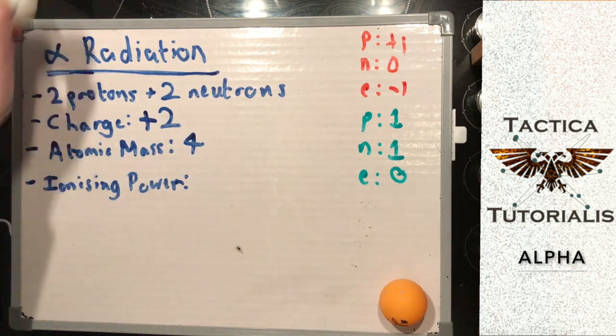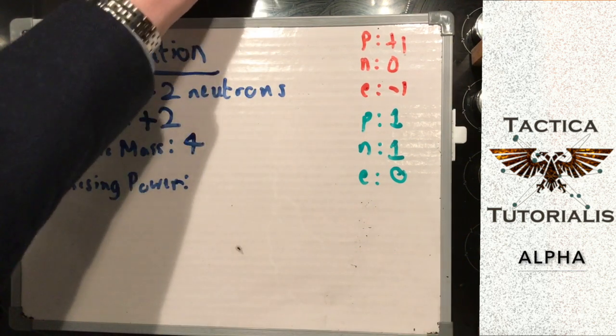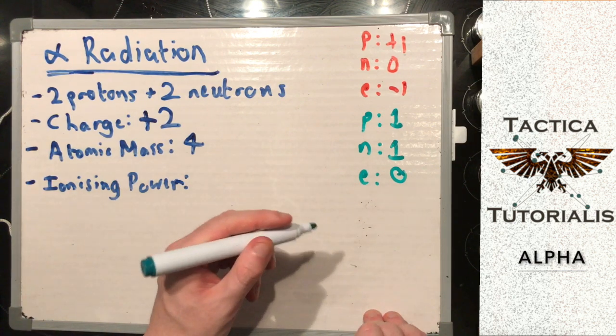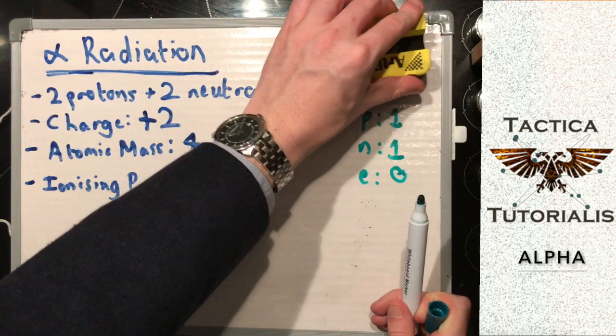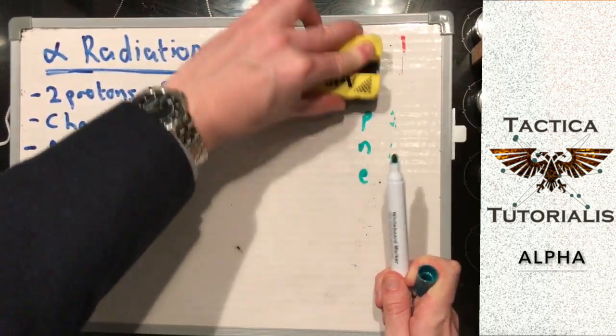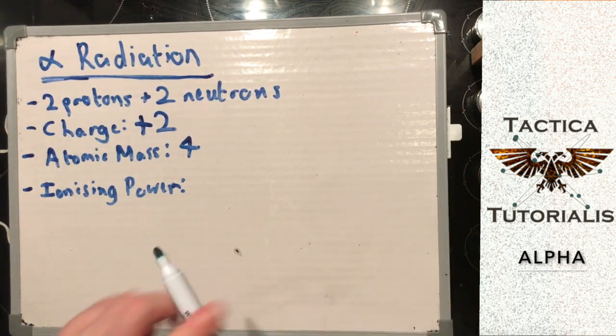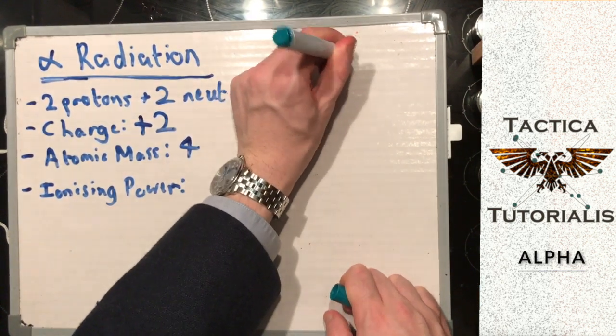Now, how effective a piece of radiation is at causing ionization, which is that term of creating an ion, is ionization. So I'll clear this off this side and write that as a key term, which you've had the definition of, but I won't rewrite it.